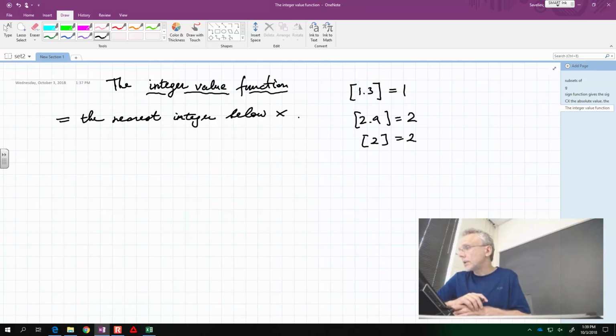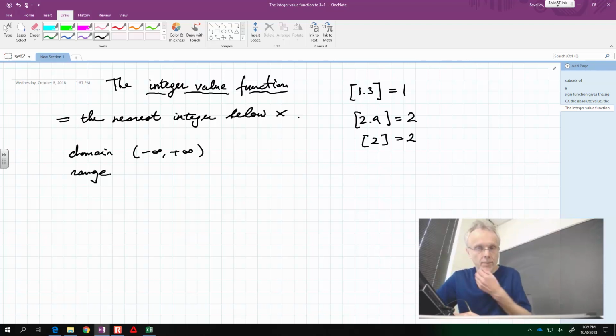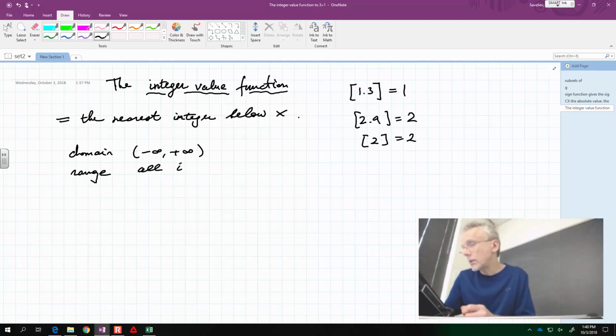Okay, let's ask ourselves the usual questions before we start computing. The domain is everything. What about the range? That's right, all integers.